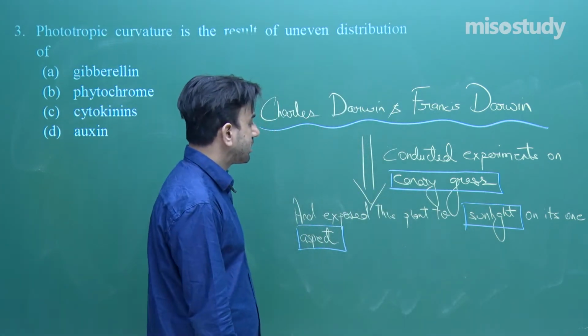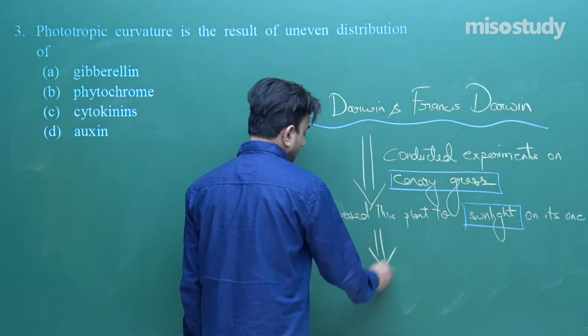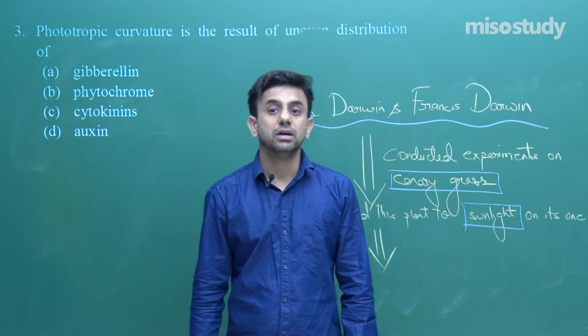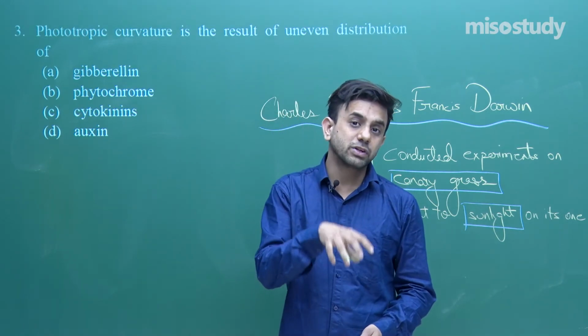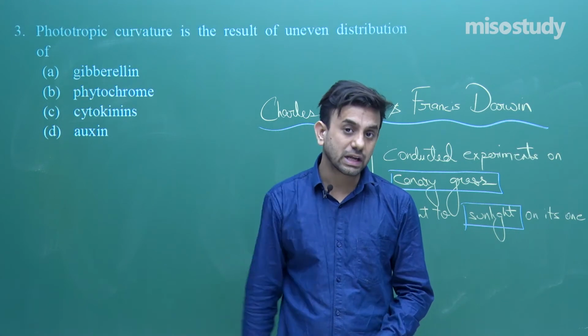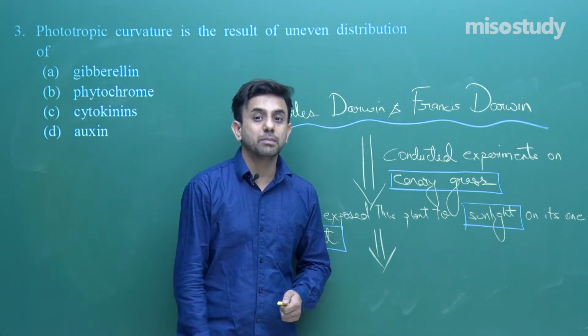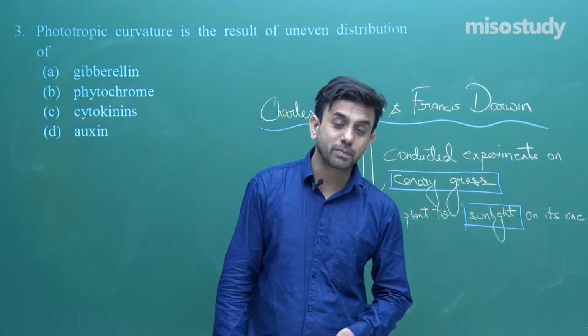The plant started moving towards that sunlight, showing the movement of that plant part towards the light. There is some chemical helping that movement, and that was called the phototropic movement.